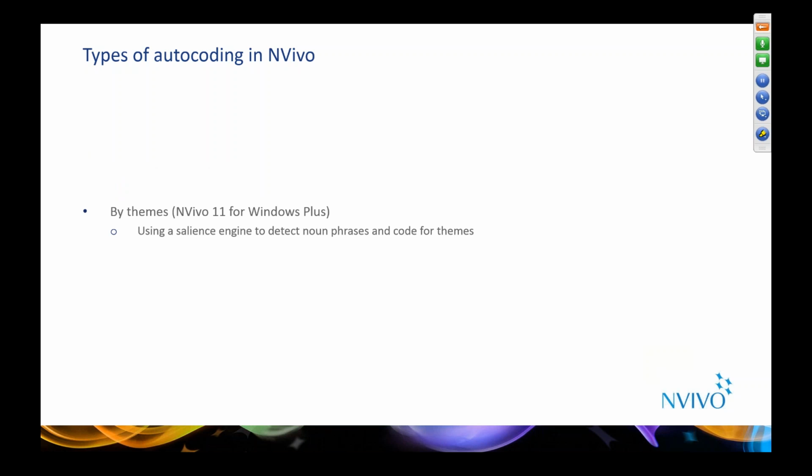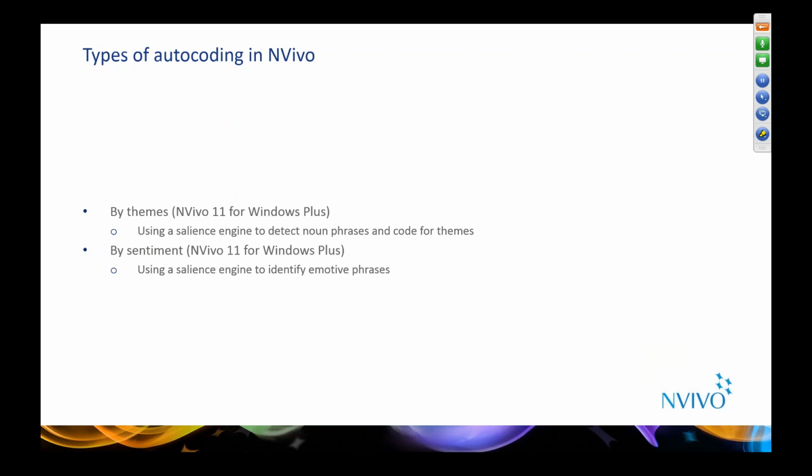But what I'm going to be talking about now are these new types of automatic coding that you have in NVivo 11 for Plus. The first one is by themes, and I'll be explaining how NVivo now has a salience engine that can detect noun phrases and through that code for themes, which I'll be showing you.